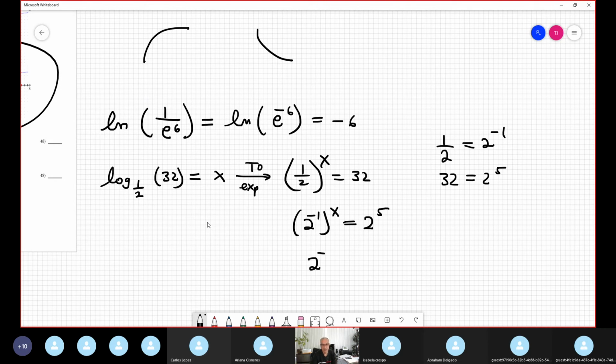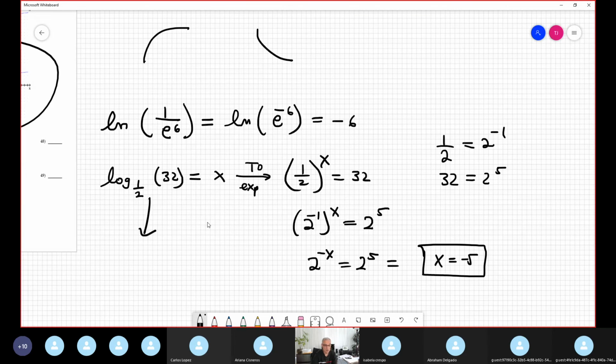Multiplication, 2 to the negative x equal 2 to the 5th power. And you have x is negative 5. Well, no, actually, negative x is equal to positive 5, but I multiply or divide by negative 1 both sides, x is negative 5. This is one possibility.